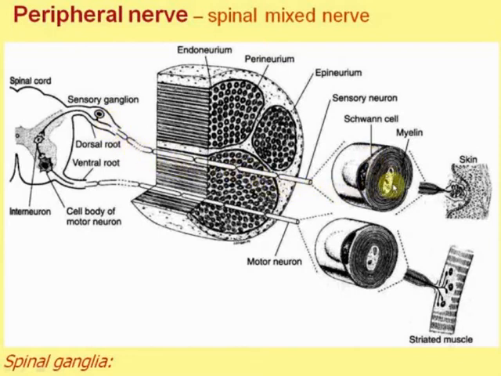They are myelinated and compose receptors at the periphery. And axons of motor neurons, also myelinated, compose the neuromuscular junction in the periphery. So this is a reflex arc on the picture.